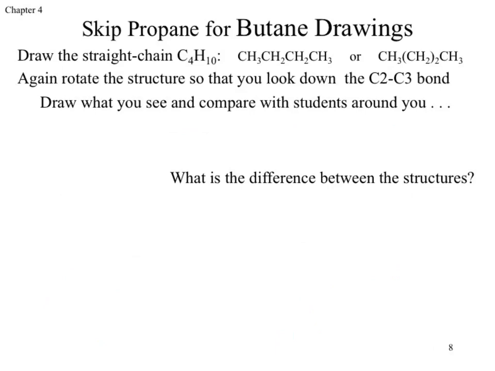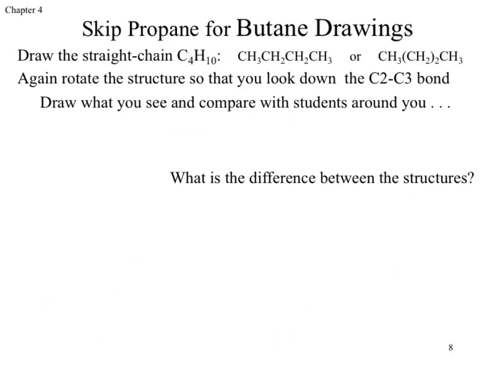So that bond needs to disappear from view. Where is carbon number 2? Okay, there's carbon 2. Where's carbon 3? All right. I want to change the viewpoint of this model such that you are looking down that carbon 2, carbon 3 bond.